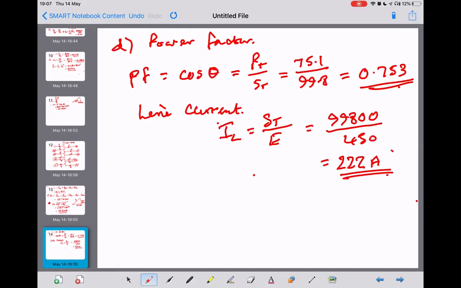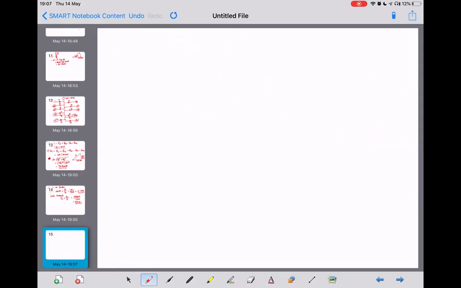I've called that PF new, cos theta, which is 0.95, our new power factor.